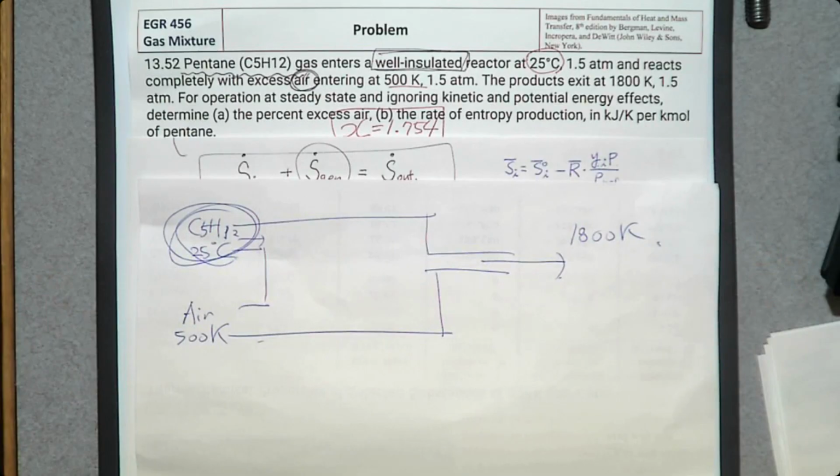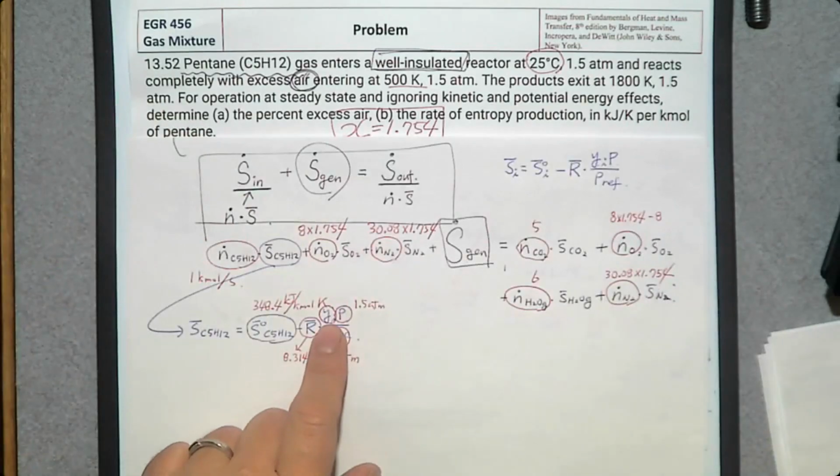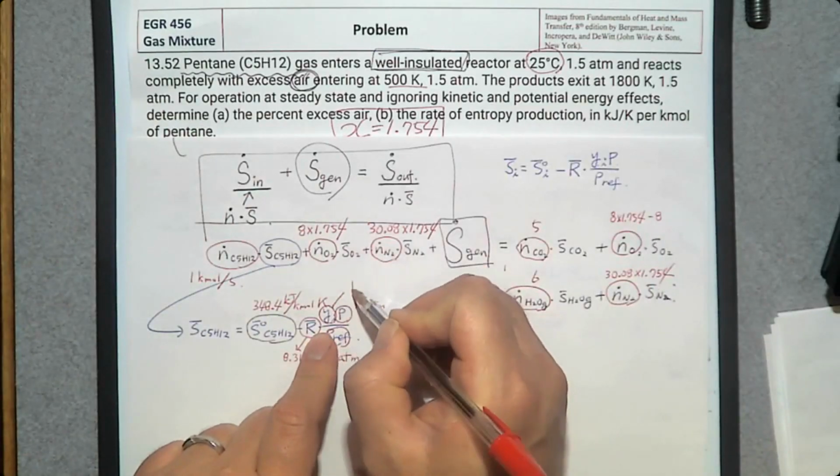There's only pentane. So what is the mole fraction of pentane at this inlet? It is 1, so this Y is going to be 1.